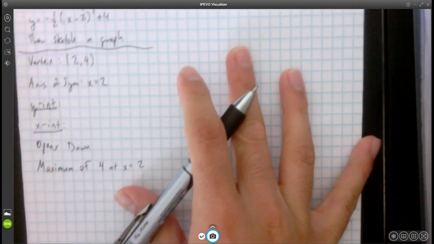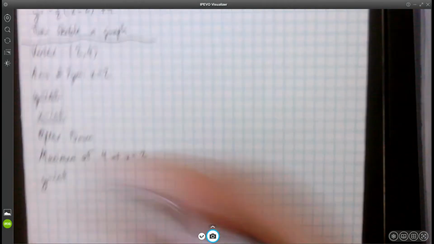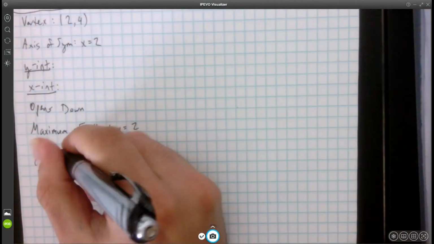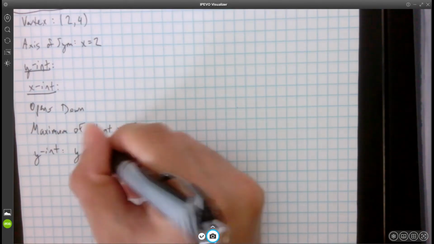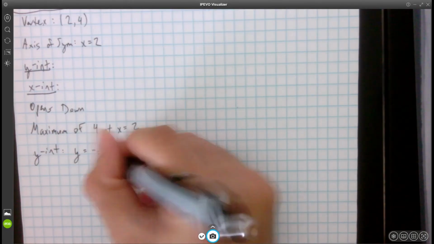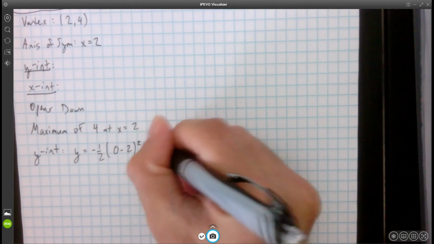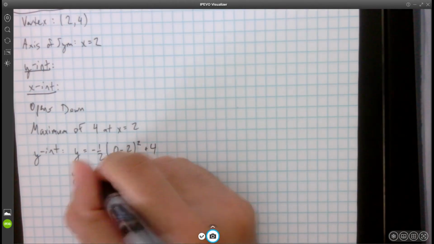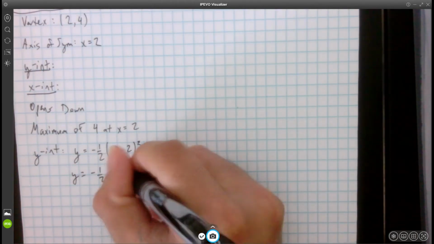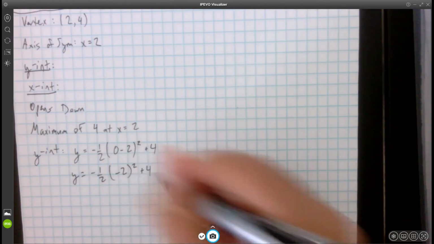Let's start off with my y-intercept. I'm going to do my side work down here. My y-intercept is the value of y when x equals 0, so y equals negative 1/2 times (0 minus 2) squared, plus 4.